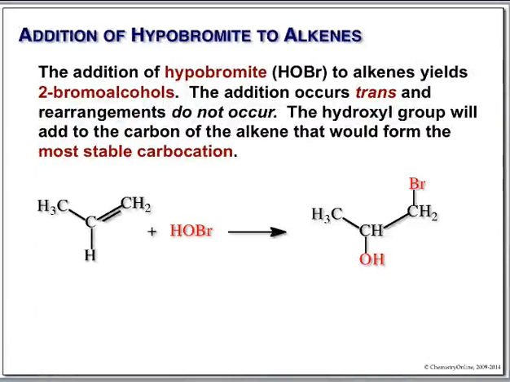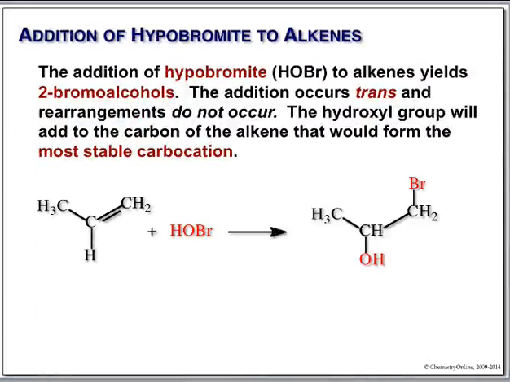All right, closely related is the addition of HOBr or HOCl to an alkene. Very closely related. Why is it closely related? Well, here, instead of having Br, we simply have OH and Br.